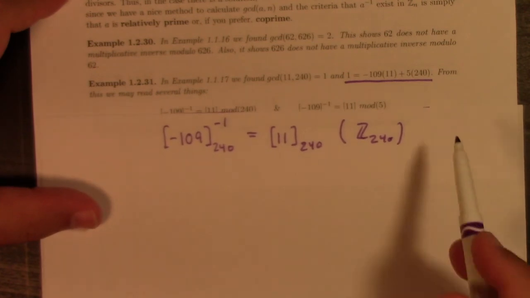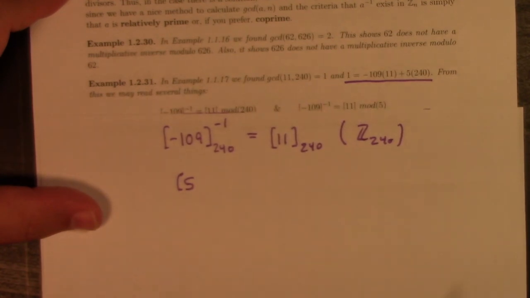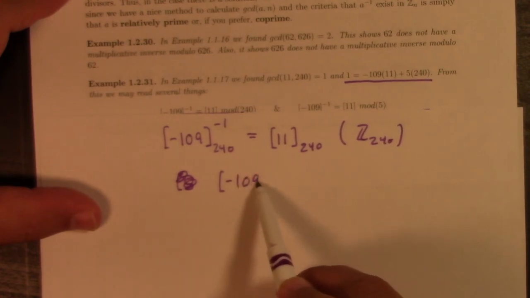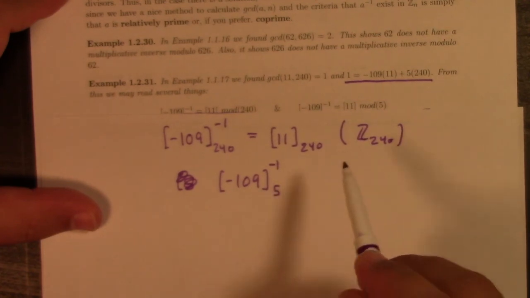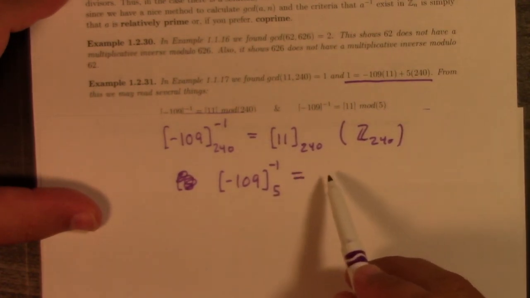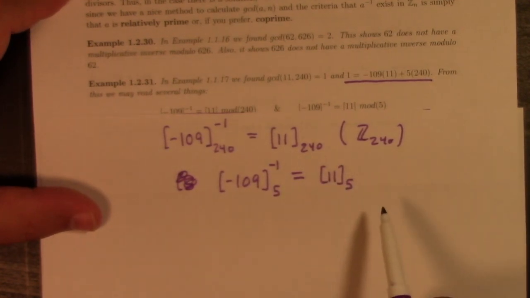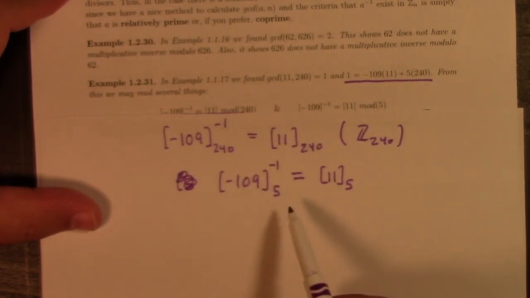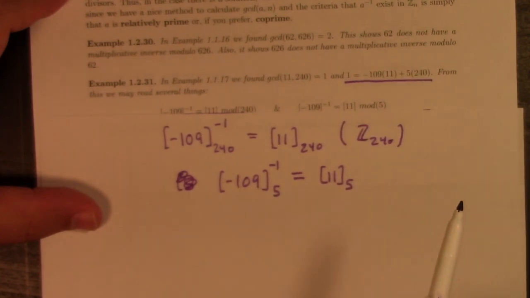But we can also see that minus 109 inverse mod 5 is equal to 11 mod 5.